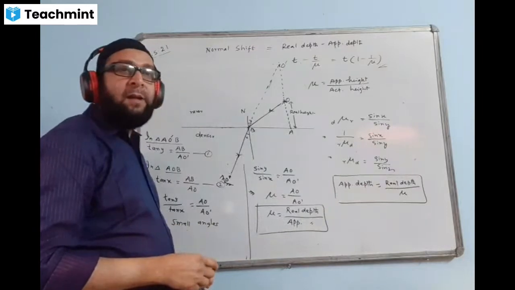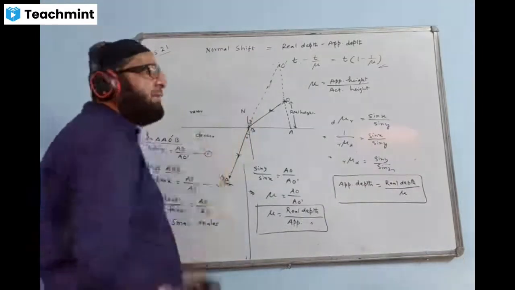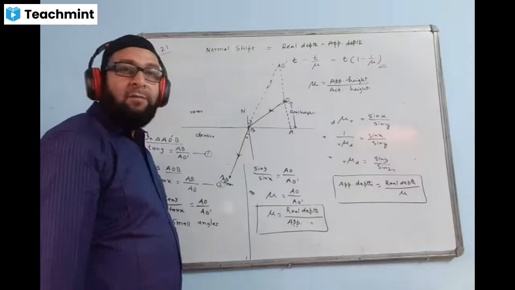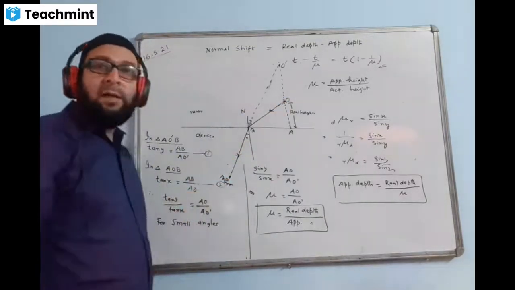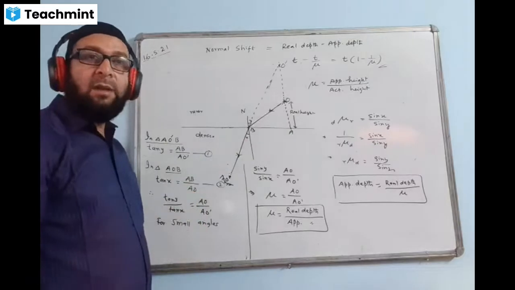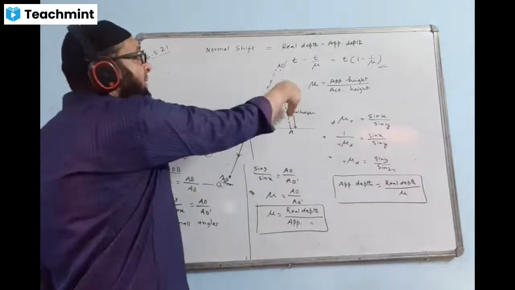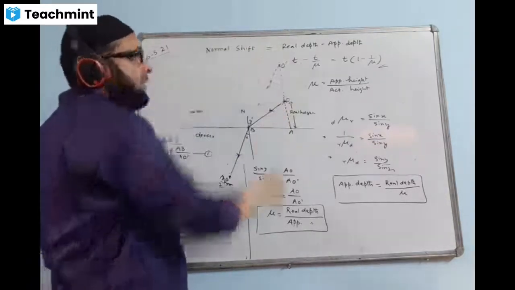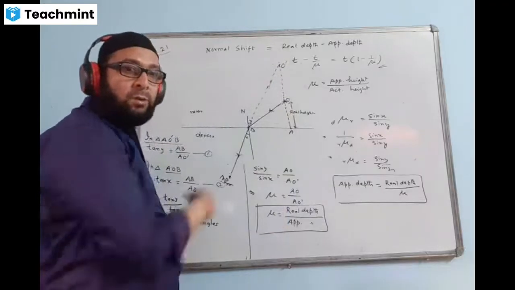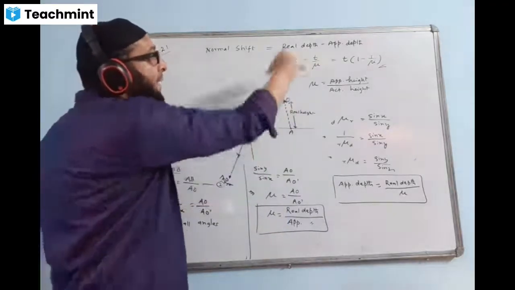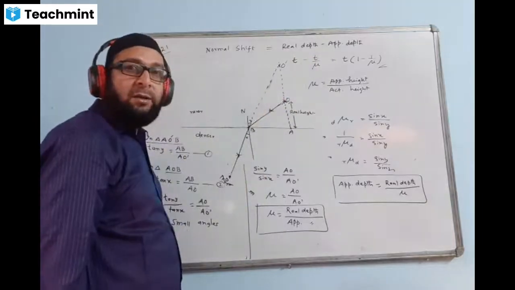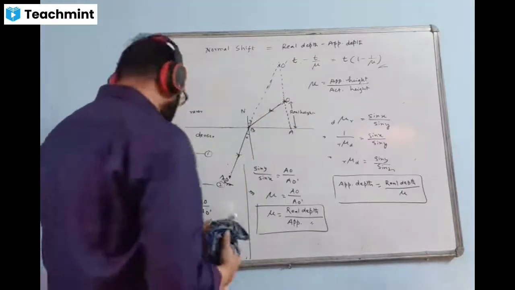And when will this happen? When the object is in the rarer medium and is viewed by an observer in the denser medium. The actual height is this, but it appears raised, that is, taller to the observer in the denser medium. That time the formula becomes mu equal to apparent height by the actual height.